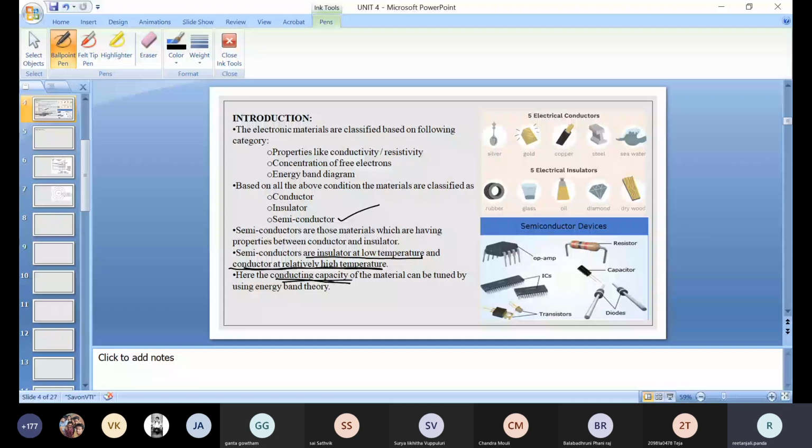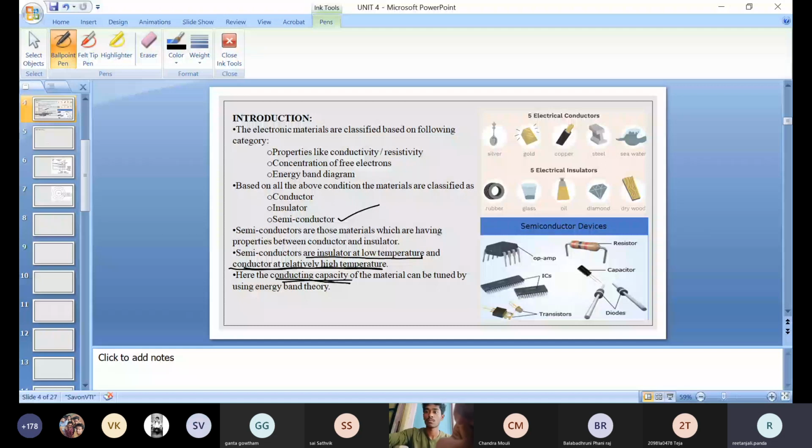In semiconductor, you have learned resistors, we learn capacitors, IC circuits, integrated circuits, transistor, diode, triode. All these things are your semiconductor, and a semiconductor is a very important thing in case of your electronics.